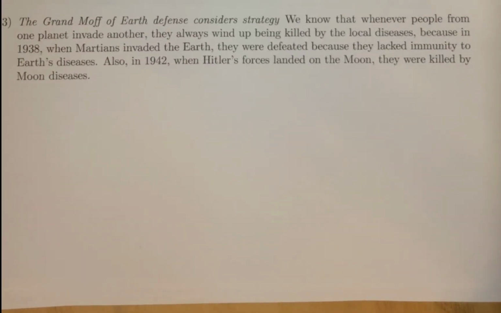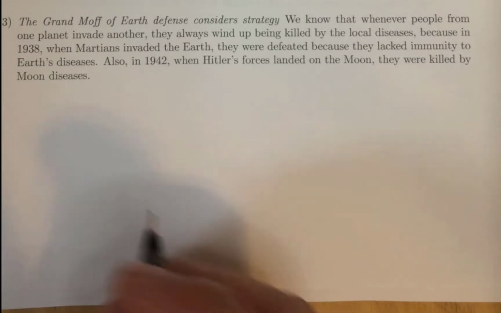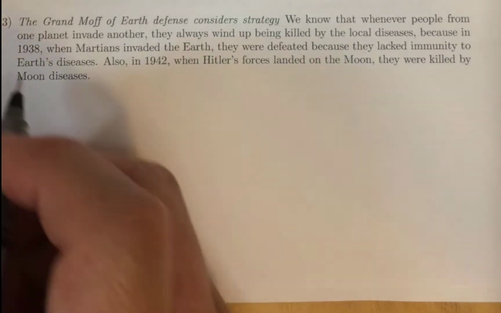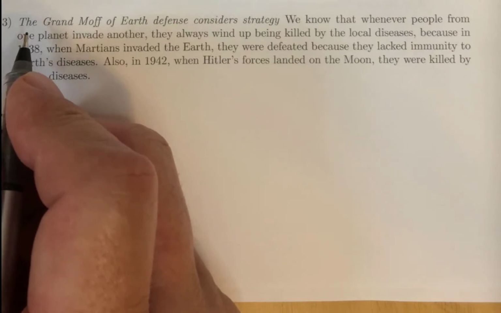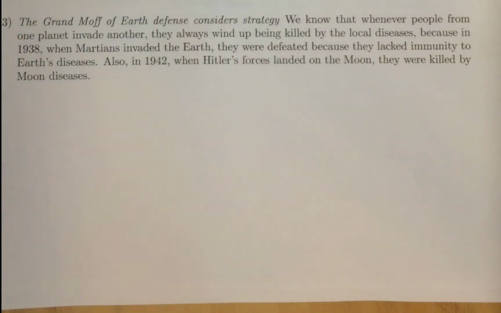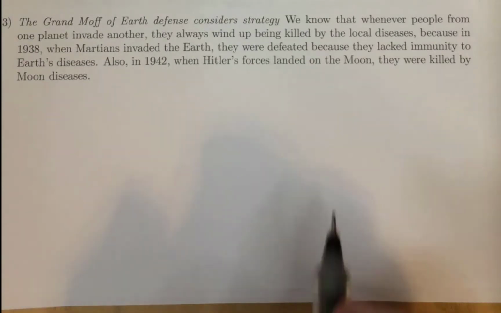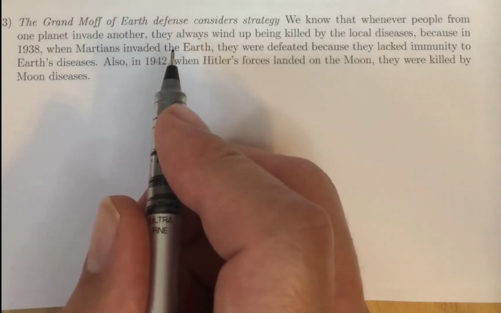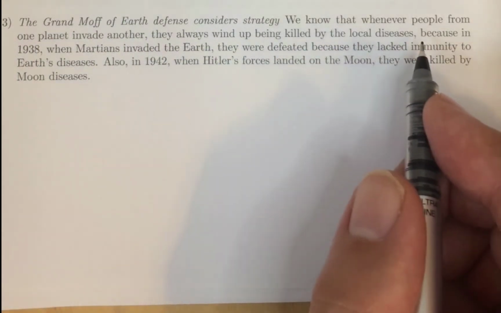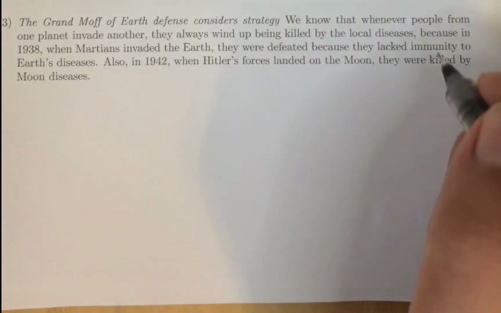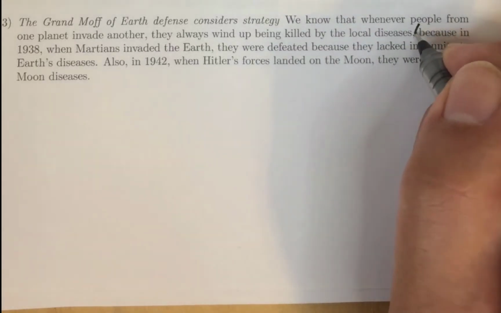Problem 3. The Grand Moff of Earth Defense considers strategy. So right away, when you look at the context, you can see this is a silly made-up example. And that's fine. We can talk about arguments in silly made-up examples all the time. We know that whenever people from one planet invade another, they will always end up being killed by the local diseases. Because. So here's your indicator word right here.